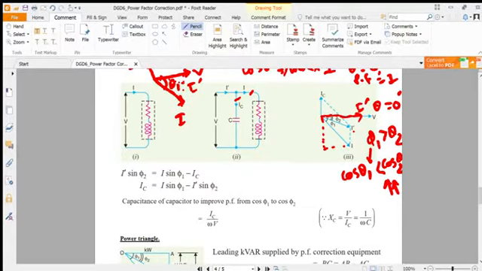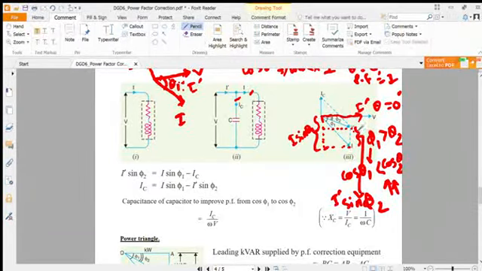This component is I sine theta 1, this is the I line here, and this component is I prime sine theta 2. Sorry, that's my bad.